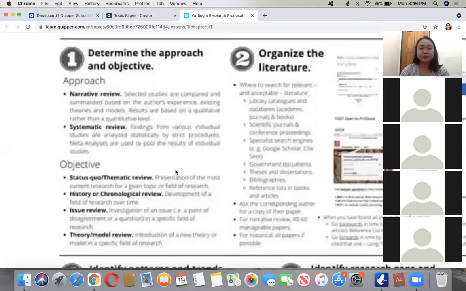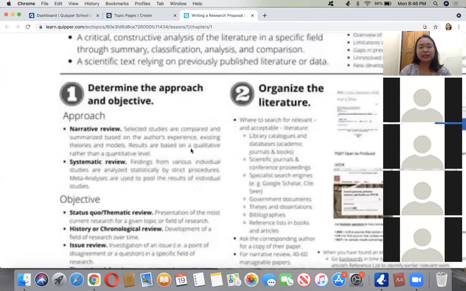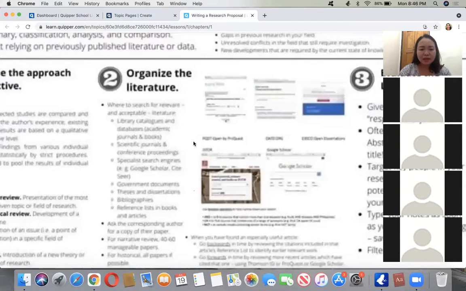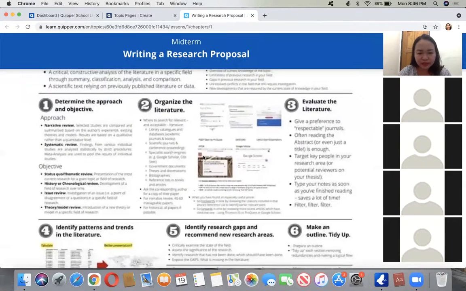Right now, think about whether you will do a narrative or a systematic review. A narrative review is based only on literature review, internet, interview research, and book research. But when you do a systematic review, you have to have published scientific studies and also an actual experiment on that.